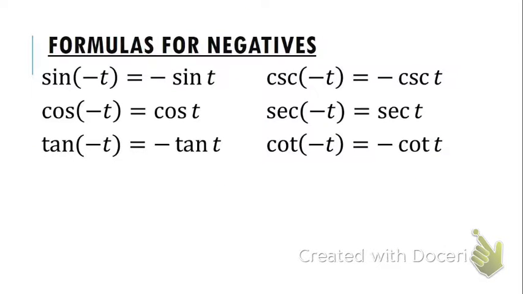I want you guys to write this down. These are our formulas for negatives. If I have a negative angle, that means I'm counting clockwise. So what this tells me is, if I go clockwise to an angle and I want the sine of that angle, it's the same exact thing as if I went counterclockwise and then stuck a negative on the beginning of it.